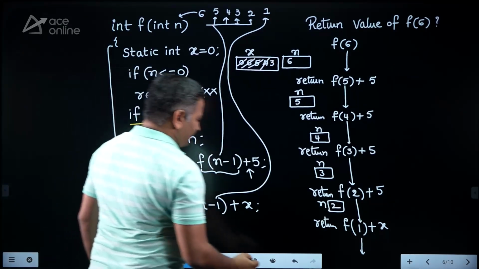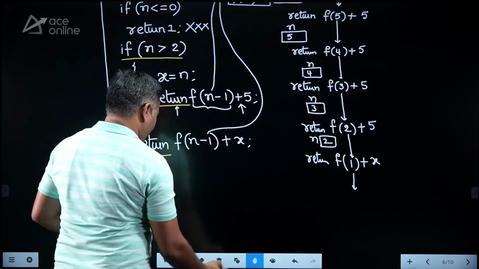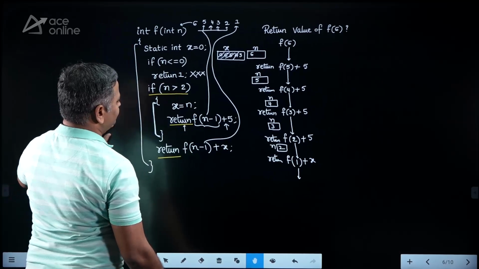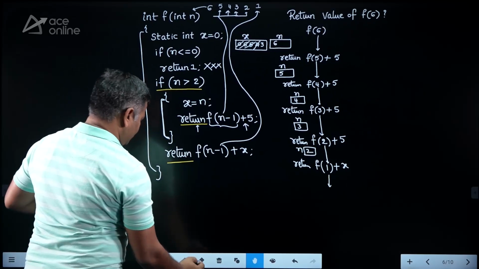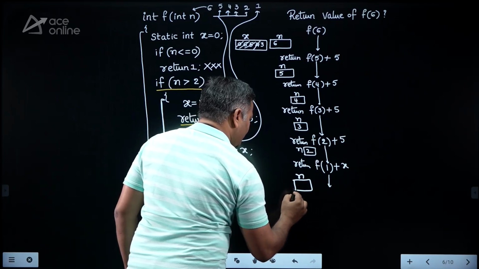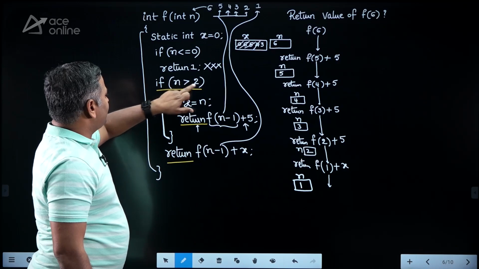Again a new variable n will be created. Create new variable n equal to 1. After creating the new variable, 1 greater than 2, condition fails.